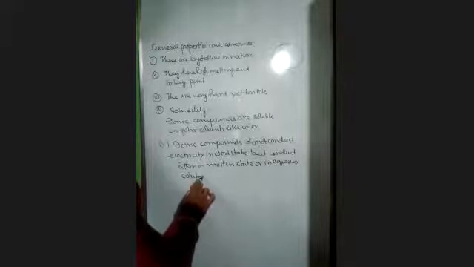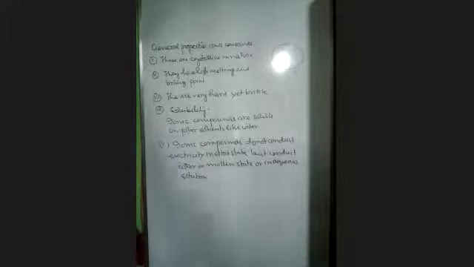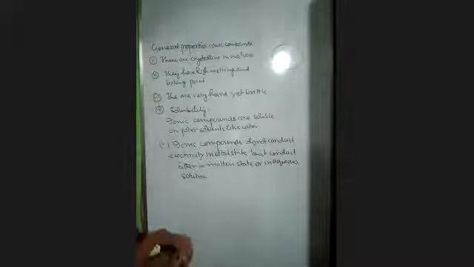Molten state means that the ions can now move. Aqueous solution means you made a solution in water. Okay, solid sodium chloride crystal does not conduct electricity. But if you dissolve it in water or if you melt it, then that sodium chloride can conduct electricity. Right.